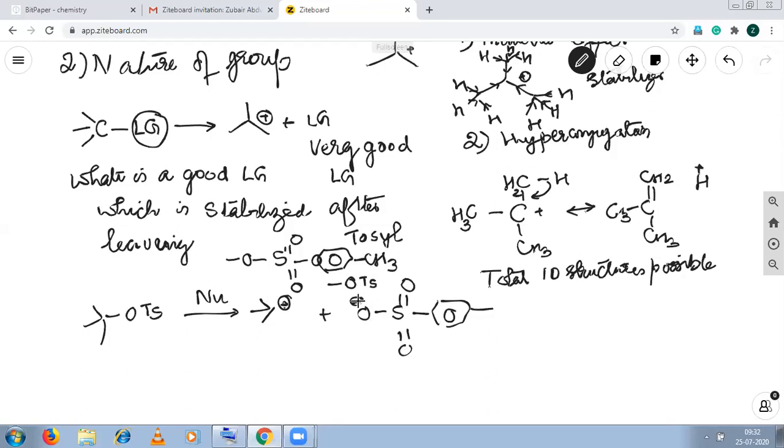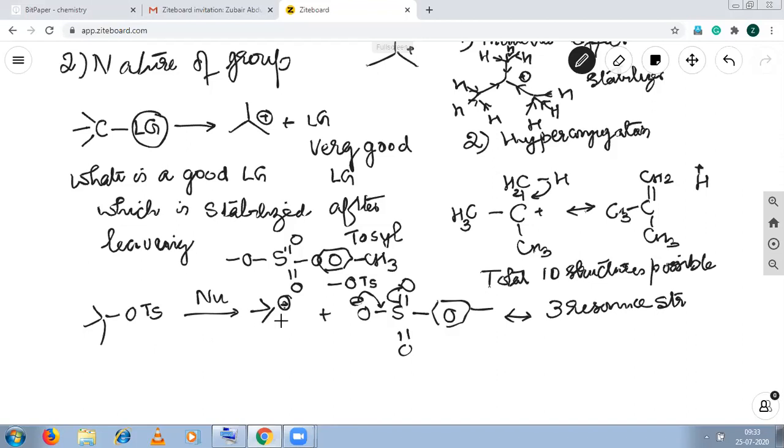Now see, I can delocalize this charge. I can write 3 resonance structures for this. So this is a very good leaving group.